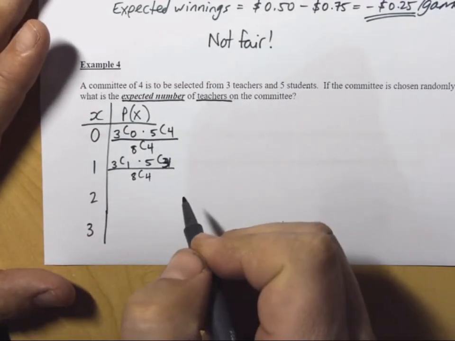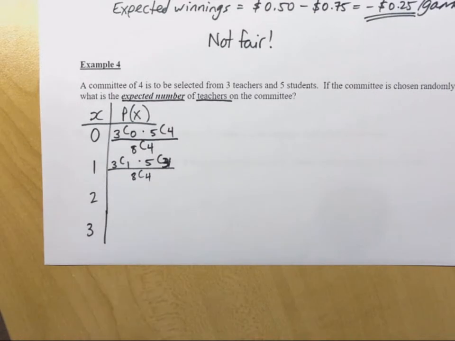What do you think the next one's going to be? You guessed it. It is 3 choose 2 times 5 choose 2 over 8 choose 4. And the last one is 3 choose 3 times 5 choose 0 all over 8 choose 4.